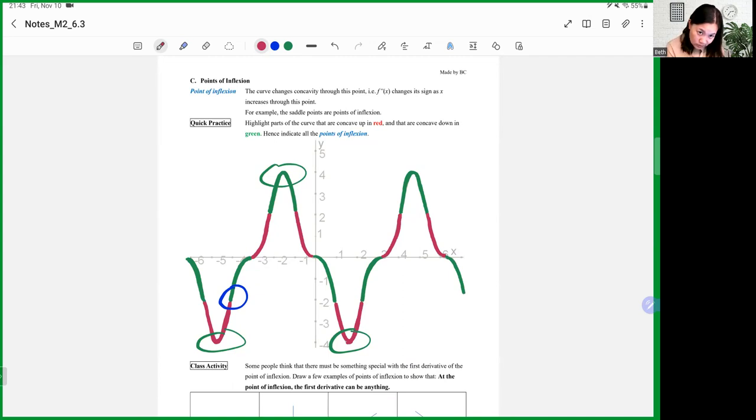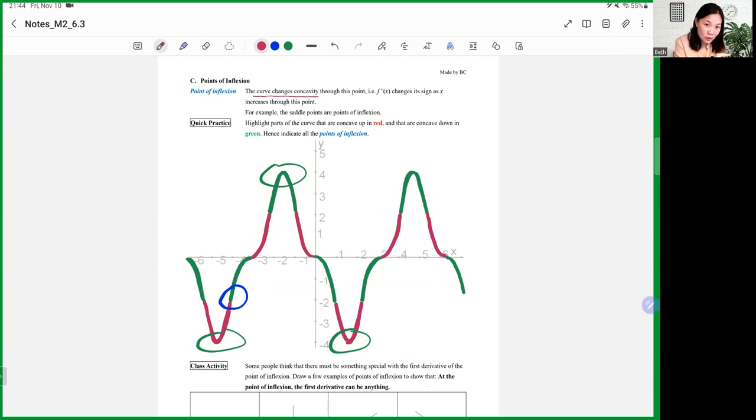Now we call these points points of inflection. It's a strange word. So I'll just point out to you that the curve changes concavity. It has a before and after. Before it's concave up, after it's concave down. Before it's concave down, after it's concave up.